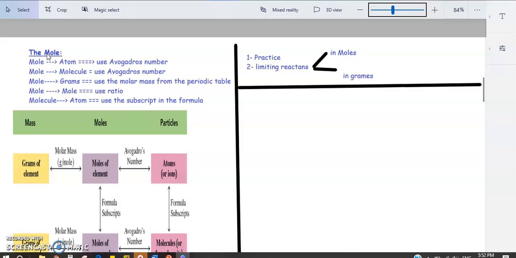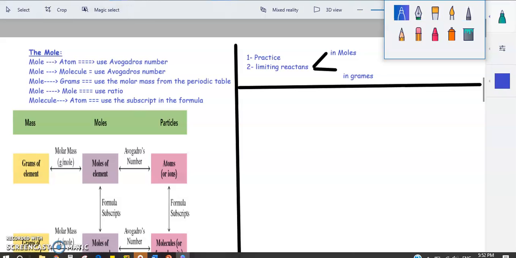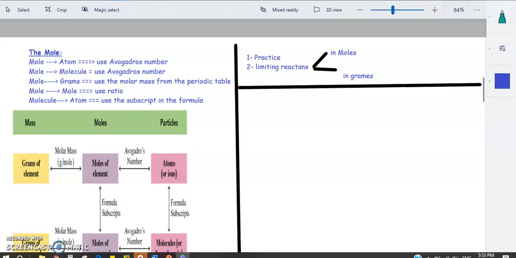So we calculate the molar masses based on the periodic table. And from mole to mole, we use the ratio in the equation. And from molecules to atoms, we use the subscript in the formula.